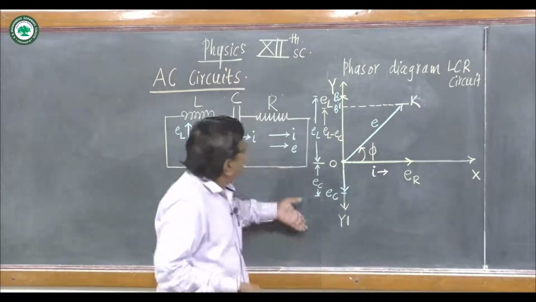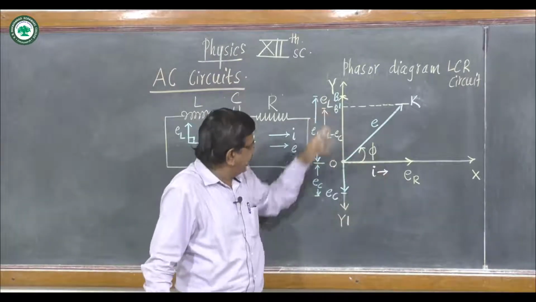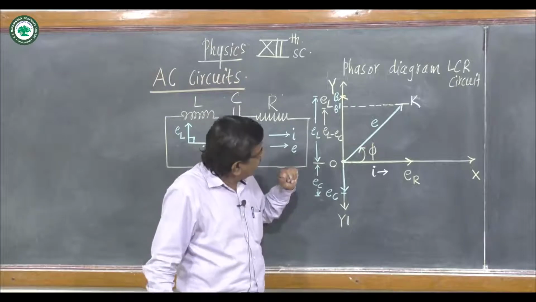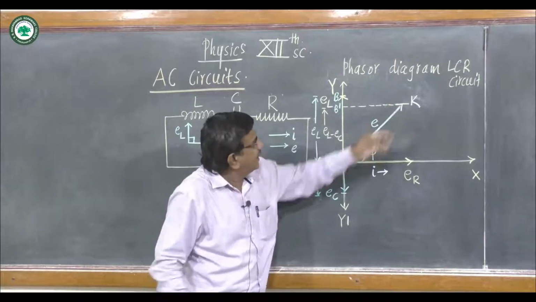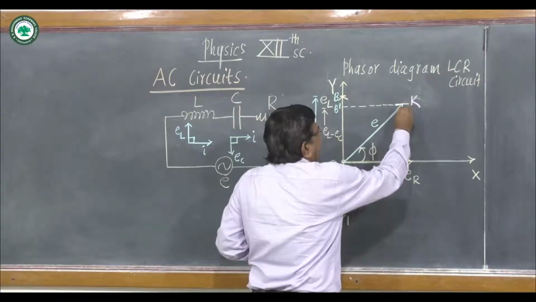So this is the phase diagram. It represents the different vectors, that is ER, EL, EC, and the effective of all these is E, represented by the vector OK.